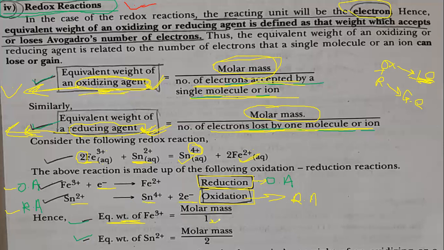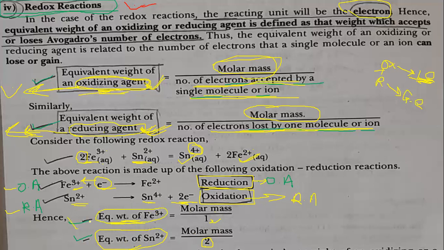Because only one electron is taken by one Fe3 plus ion. And why is it 2 for Sn2 plus? Because one Sn2 plus gives 2 electrons, therefore upon 2. So this will help you find the equivalent weight of Sn2 plus and Fe3 plus.